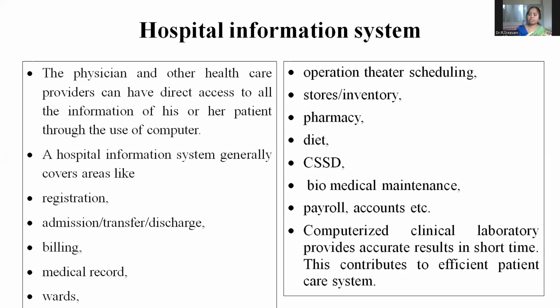With that, admission, transfer, discharge, billing section, medical record room, ward, operation theater, stores, pharmacy, dietary, CSSD, biomedical waste management, payroll, and computerized clinical systems provide accurate results in all these areas. Once the patient enters until he is discharged, everything is interlinked. Anybody can access and see what is happening.